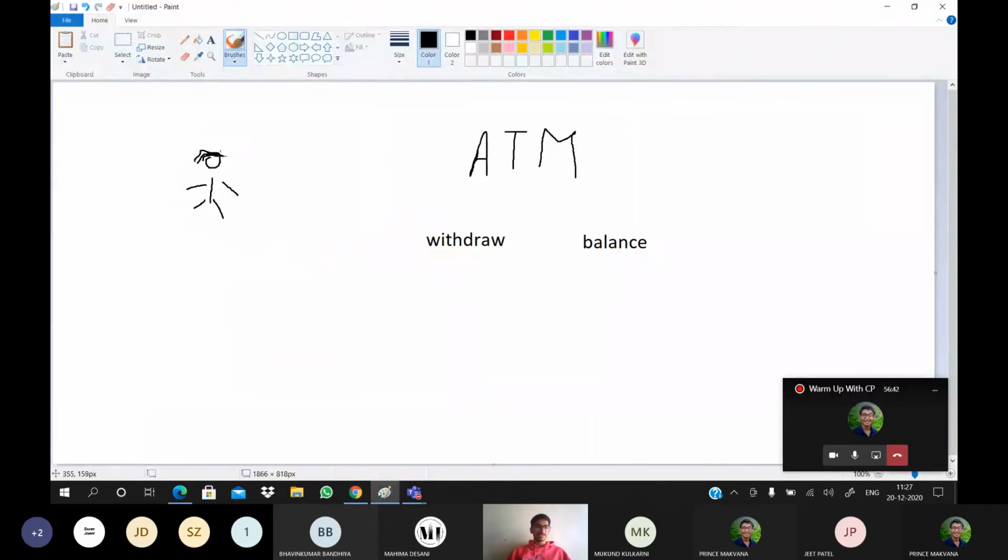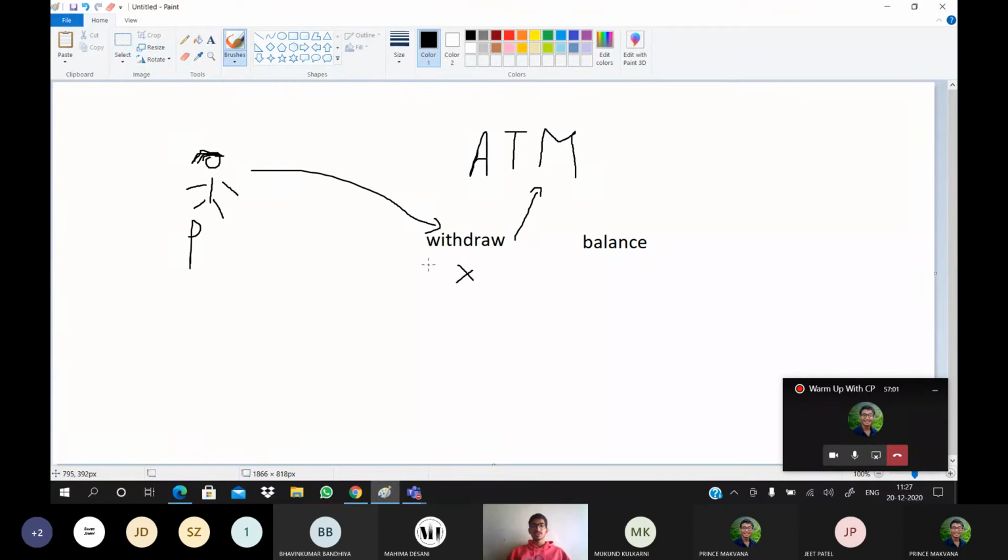Let us assume this is a girl, and let us assume that this is Pooja. So Pooja wants to withdraw some X amount of money from an ATM.